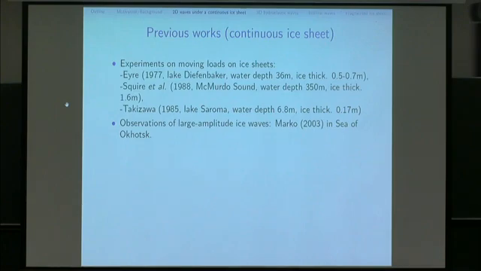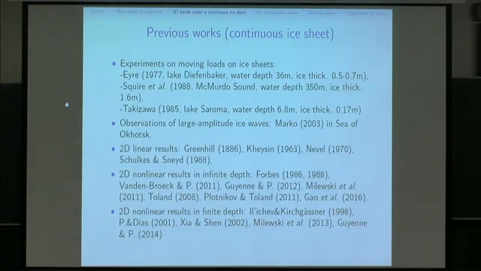And the ice can be again very thin or very thick, still thin compared with the depth of the water. They move various objects on the water, or planes, and they recorded what happens. And again, people have seen these waves very far from the border of the ice, and they have quite high amplitude.